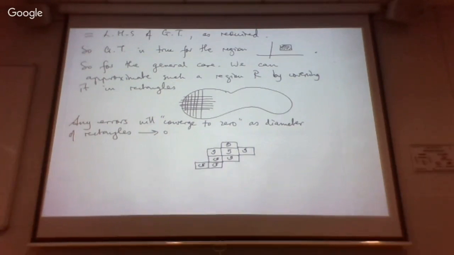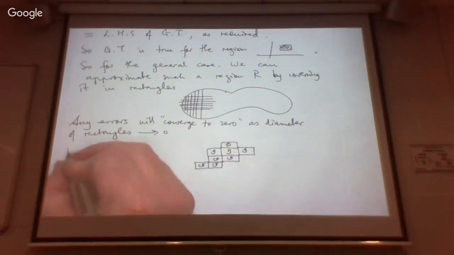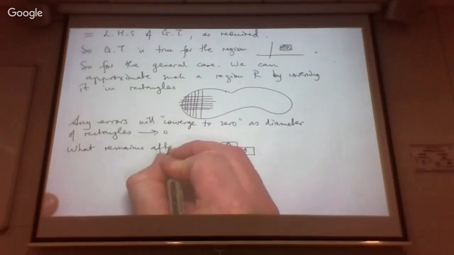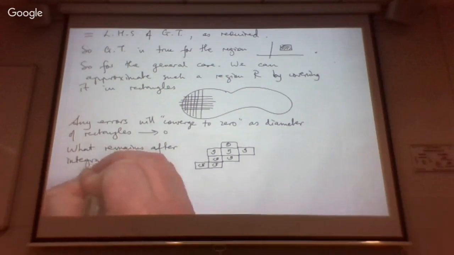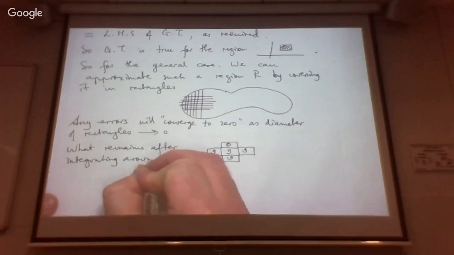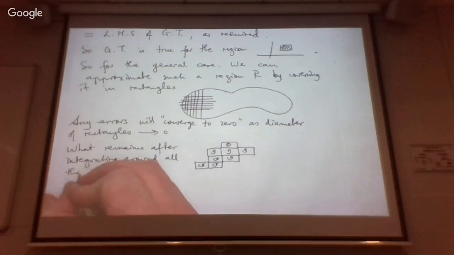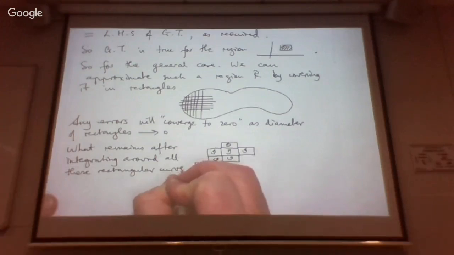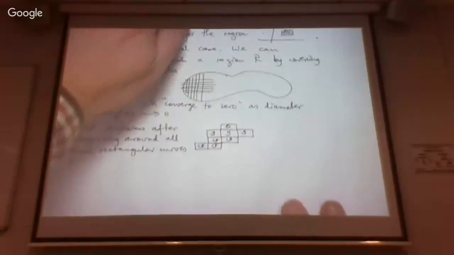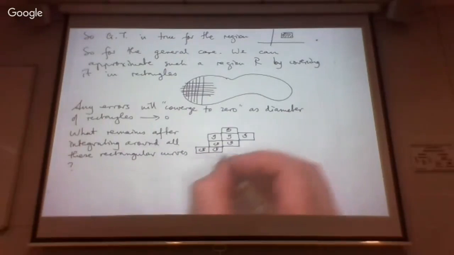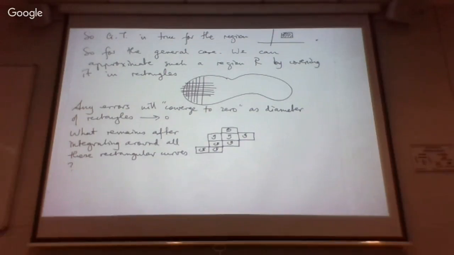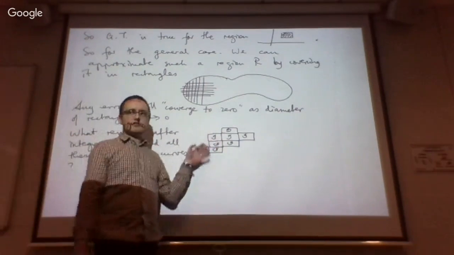So if I integrate around all those rectangles anti-clockwise, what remains after integrating around all these rectangular curves? In other words, if I sum up all the integrals around these rectangular curves, remember, by default, we integrate anti-clockwise.